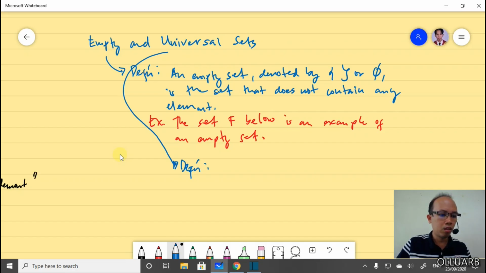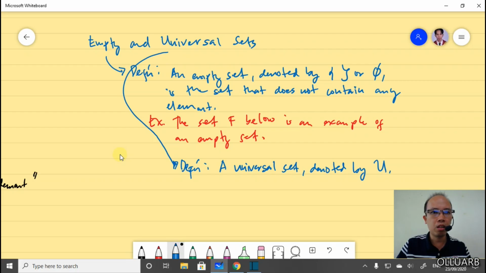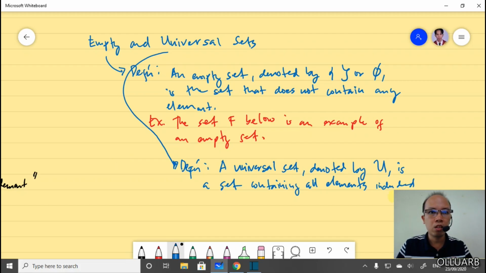Definition: a universal set, denoted by capital letter U, is a set containing all elements included in a single discussion.